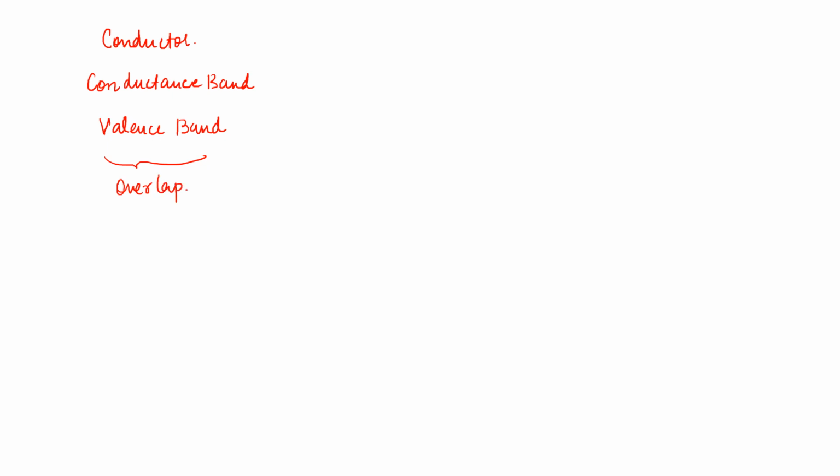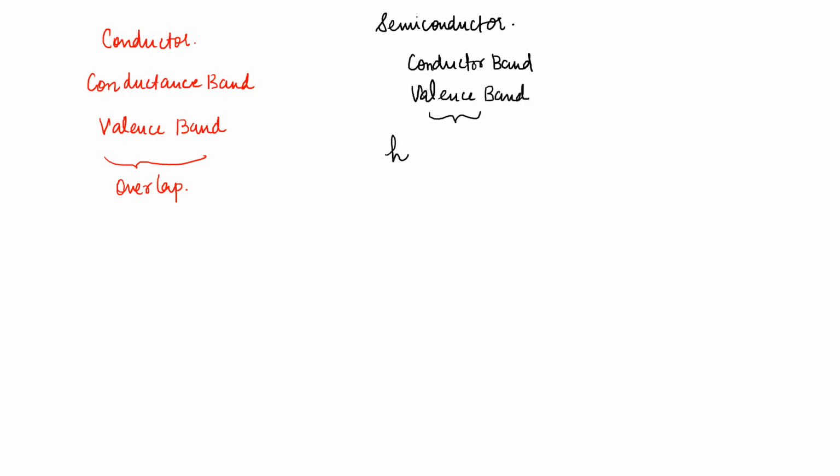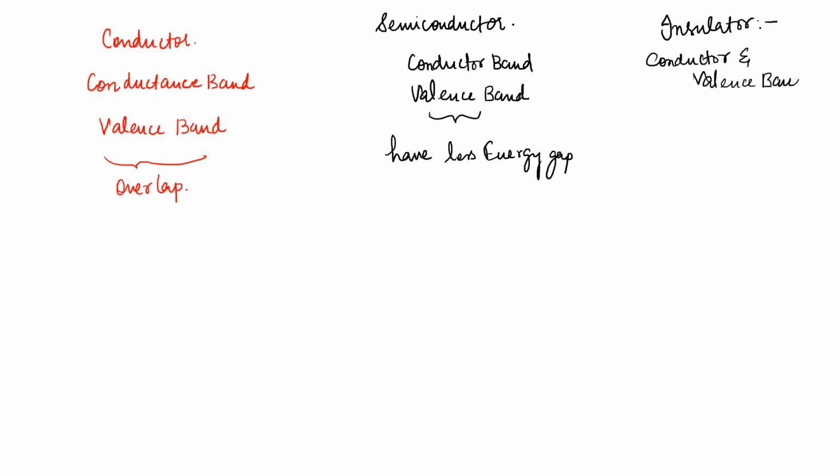Now the other thing which we have is the semiconductor. In this case, the conduction band and valence band have a less energy gap, and in case of an insulator, the conduction band and valence band have a higher energy gap.